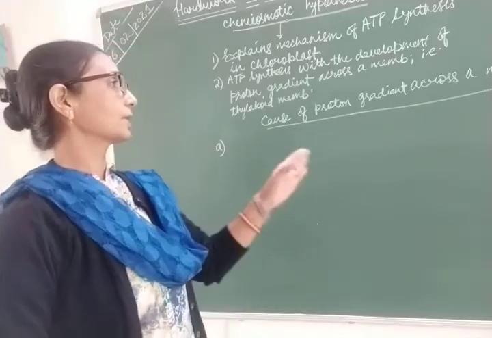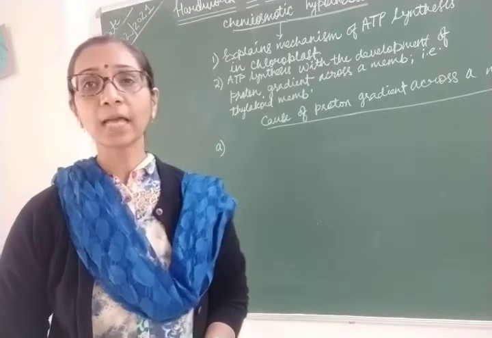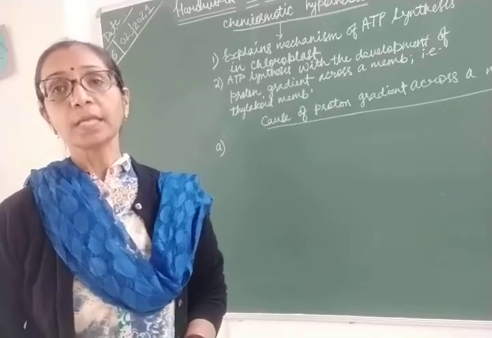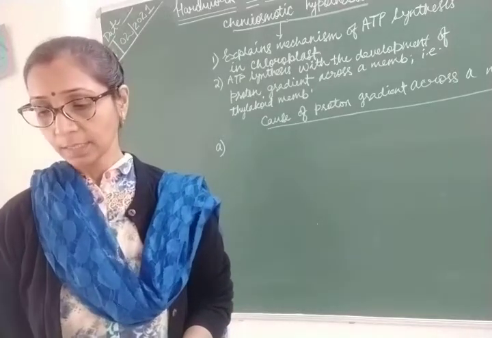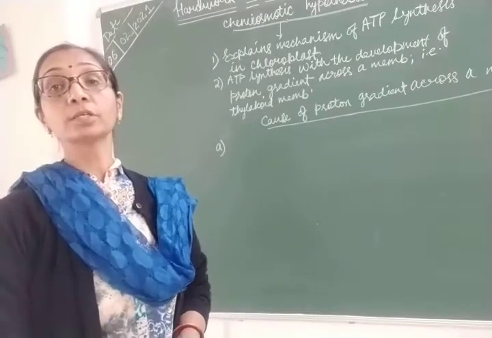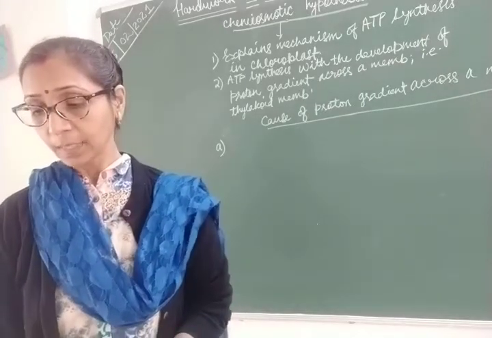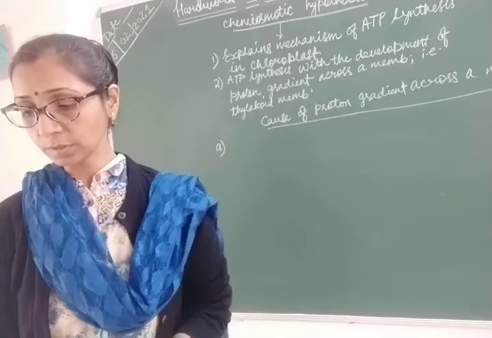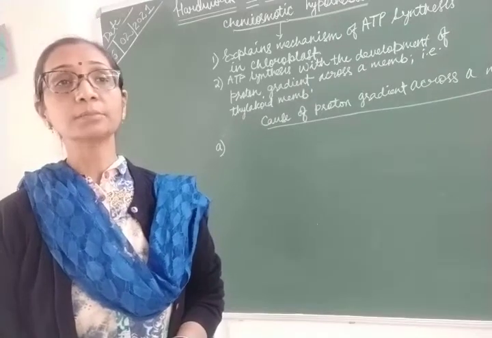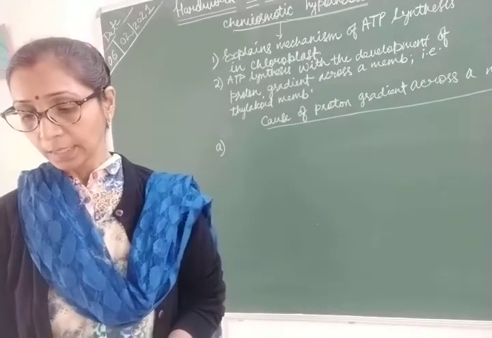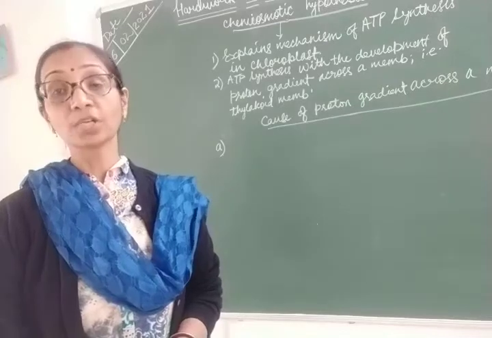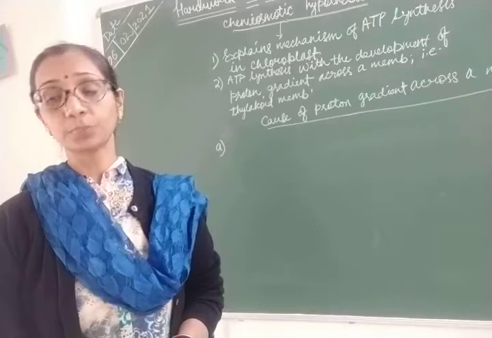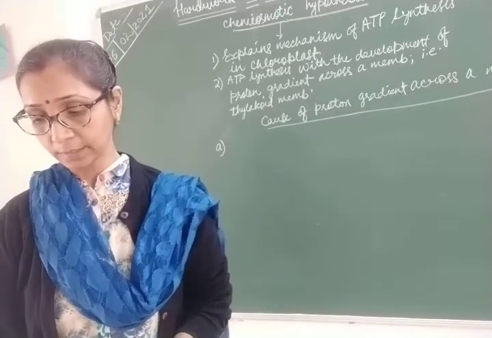The NADP reductase enzyme, which is located on the stroma side of the membrane, along with the electrons, comes from the acceptor of the electrons of photosystem 1. The protons are necessary for reduction of NADP plus to NADPH plus H plus ions.